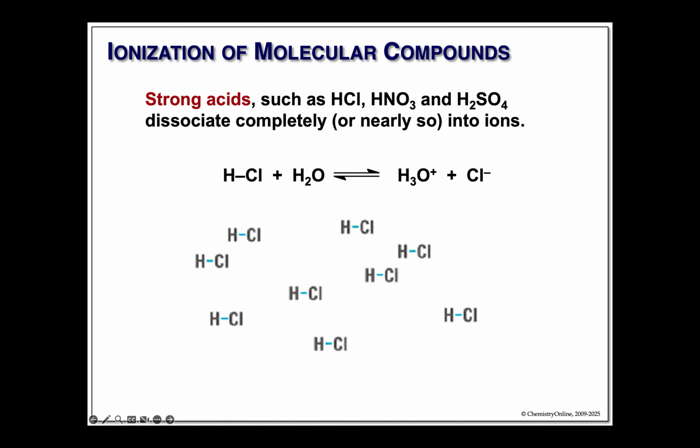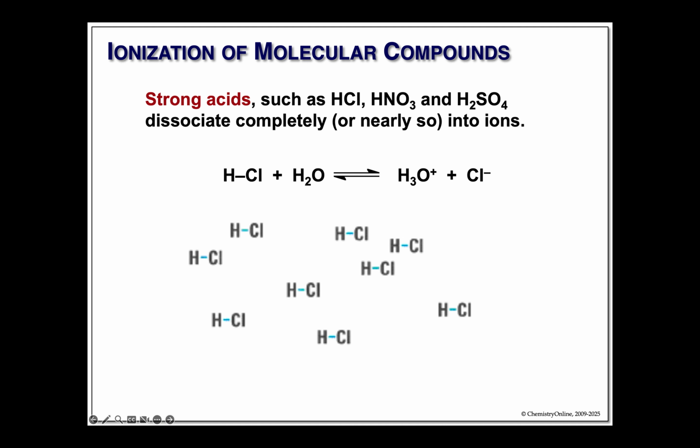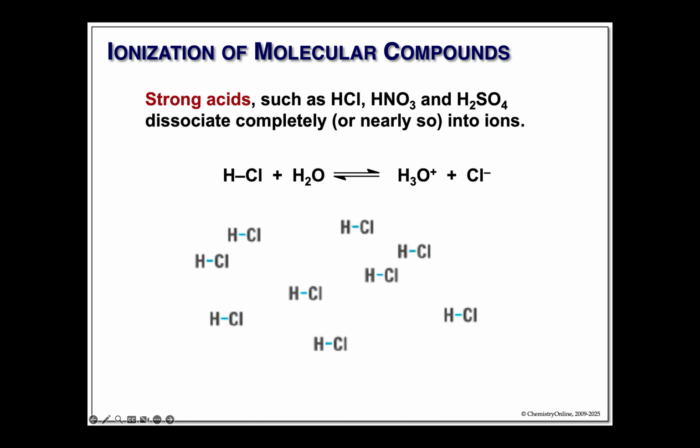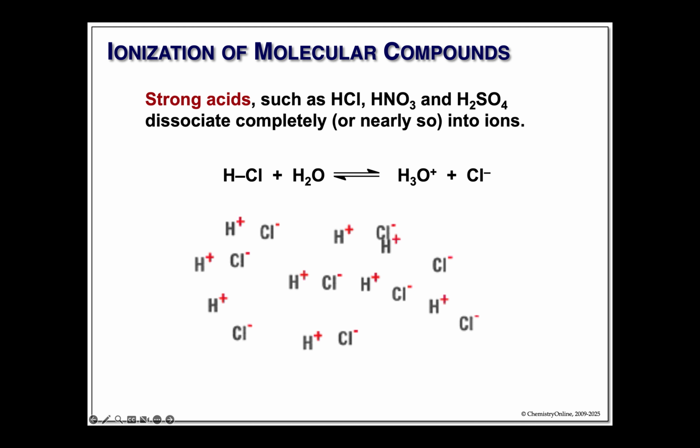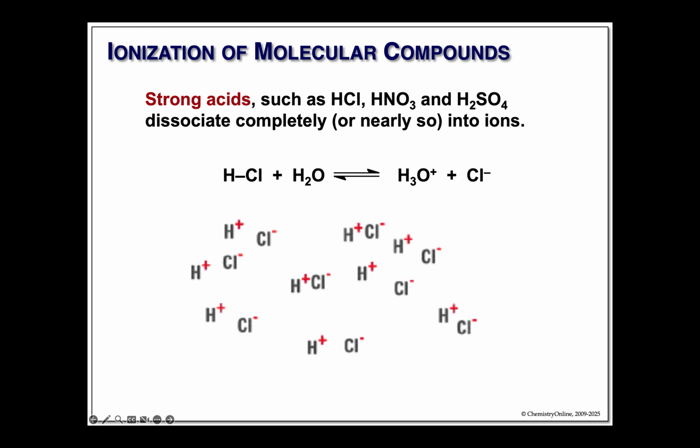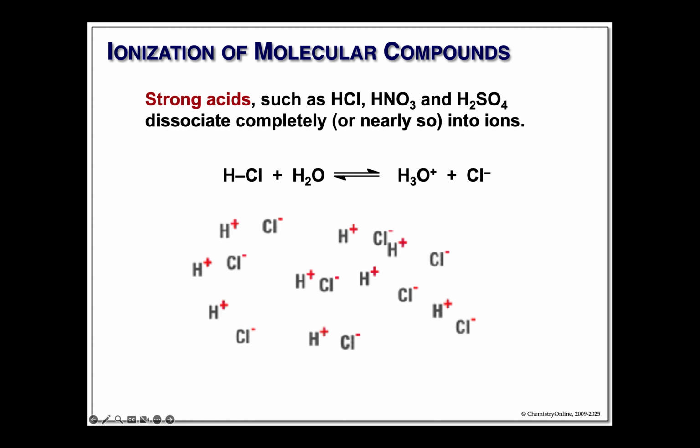So here's our HCl. This is supposed to represent the gas phase. The second this stuff hits water, these hydrogen-chlorine covalent bonds break, and you form only, virtually only, hydronium and chloride ions. 100%.